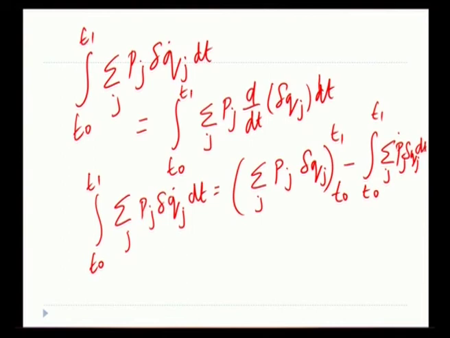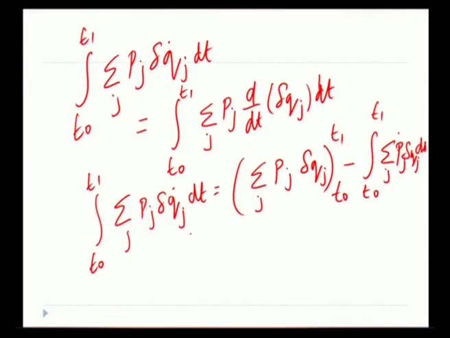This is the expression we obtained after integrating by parts on the right hand side. Here the integration formula used is integration of u dv is equal to uv minus integral of v du.